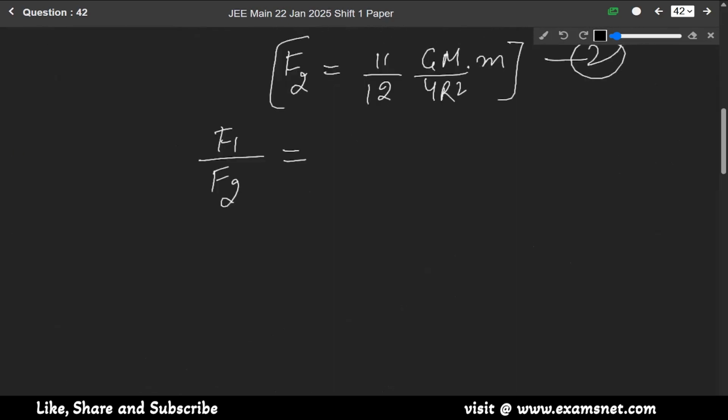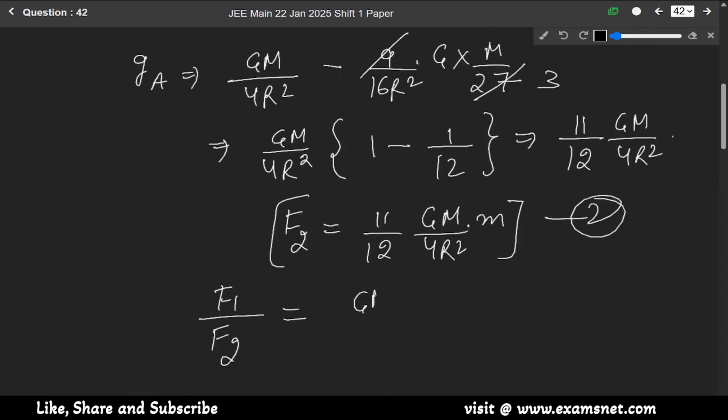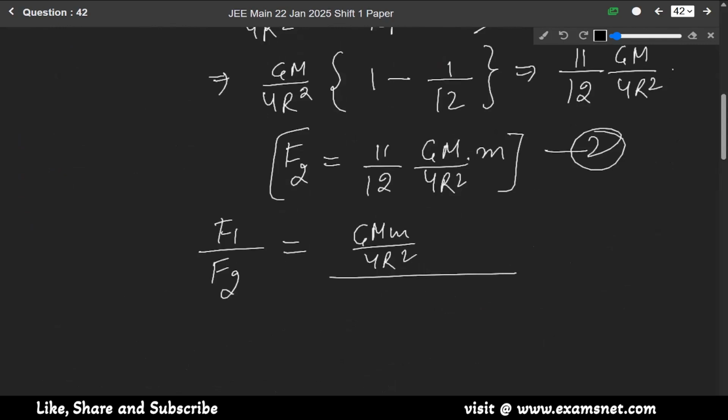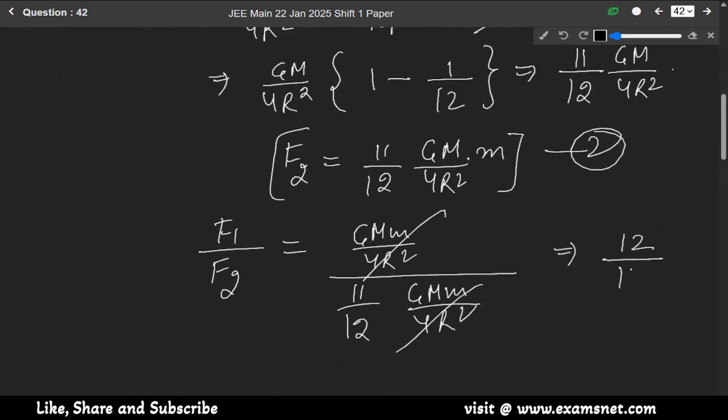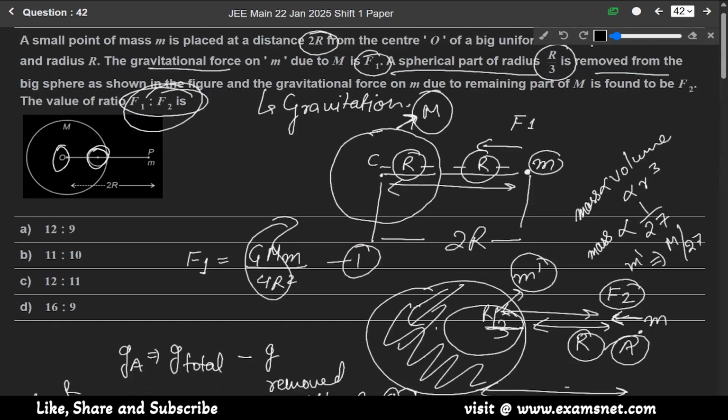So it will be GMm over 4r square over this 11 over 12 GMm over 4r square. So they will cancel out each other. So F1 to F2 will be 12 over 11. Okay. So here option C is the correct answer.